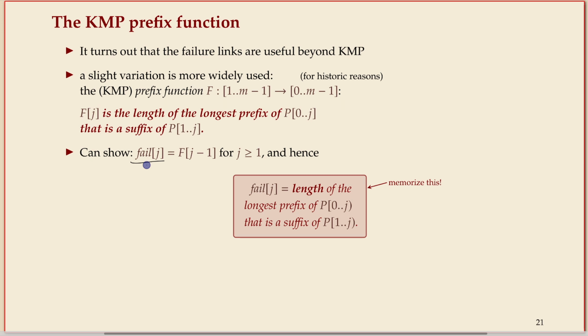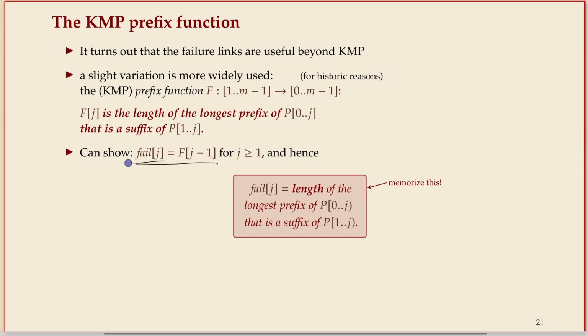They use slightly different notation. So the typical thing you find is the KMP prefix function or Knuth's prefix function, or slightly different names for that, often denoted as F. And you can remember that F is essentially the same as fail.